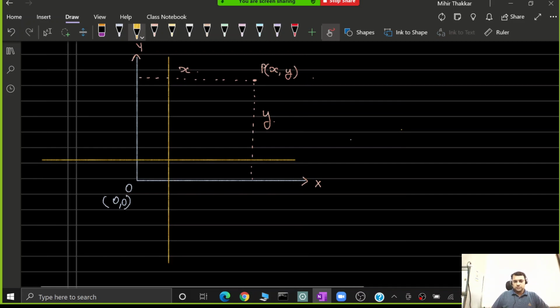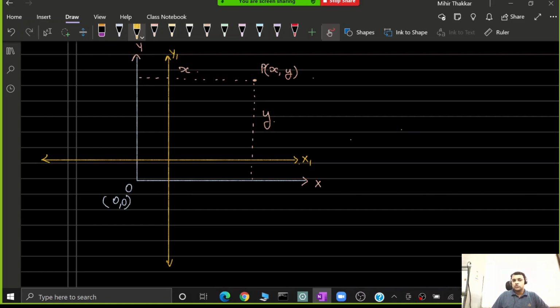This golden graph is a new graph that I am making. This is my new x-axis and this is my new y-axis. Let me represent it by x1 and y1.